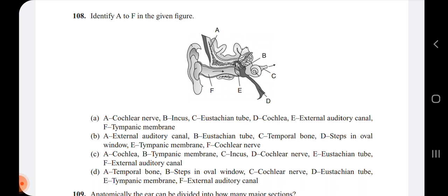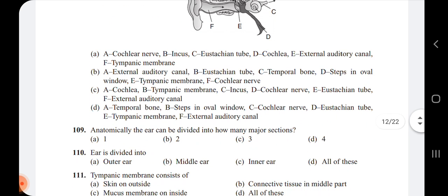So here A is the temporal bone, B is the incus, C is the cochlear nerve, D is the eustachian tube, E is the tympanic membrane, and F is the external auditory canal. So these are the parts of the given diagram. For this question, the answer that matches correctly is option D.